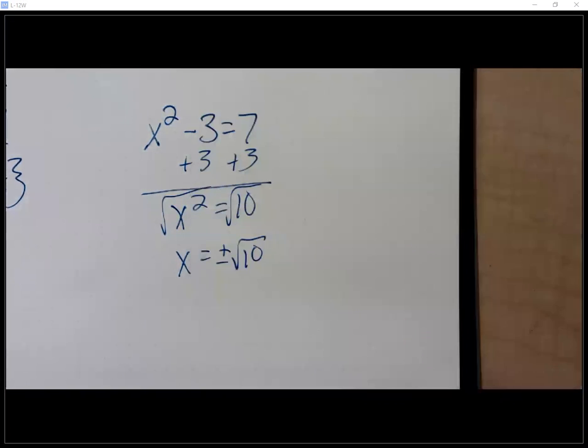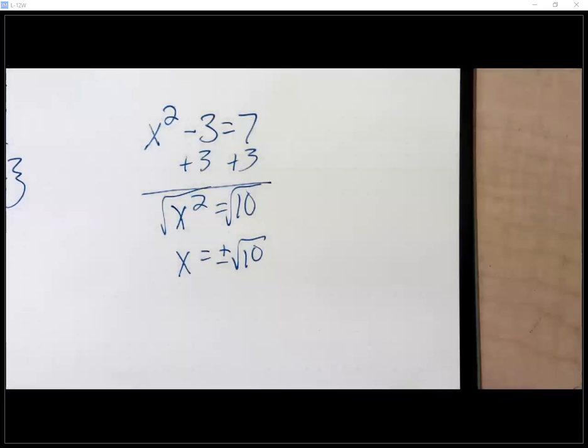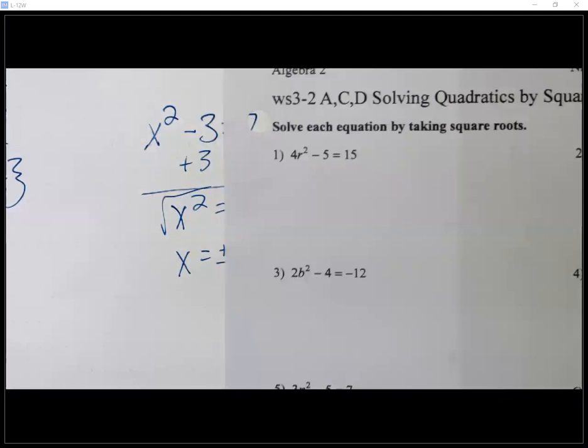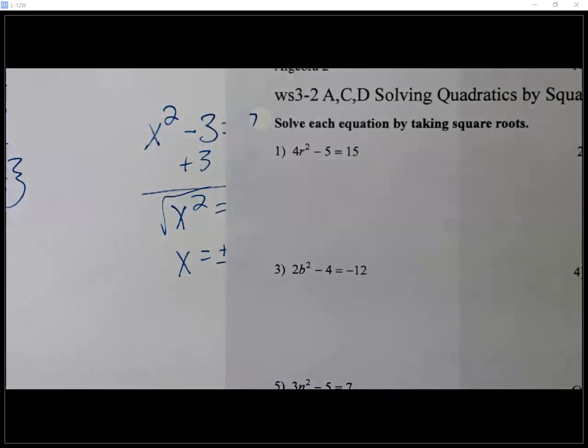This is the one I'm talking about, 3-2. You put the answers online. I did? Yeah. Whoops. Well, what are we doing? Just the odds on the front. So 1 to 11 odd. The first 3 are just solving by square rooting. So just get the squared thing by itself and square root both sides.